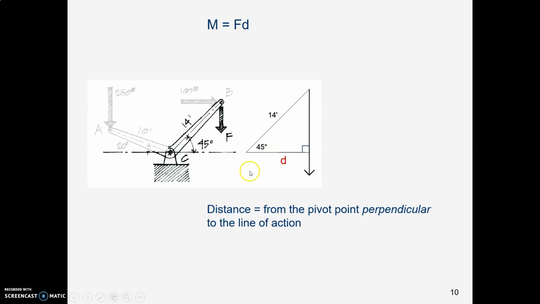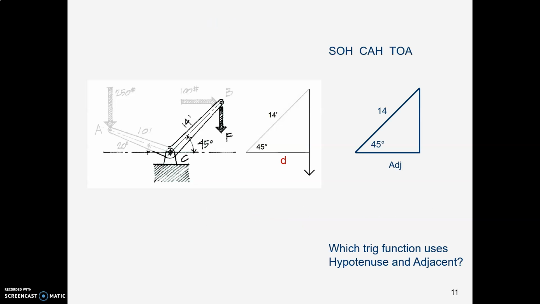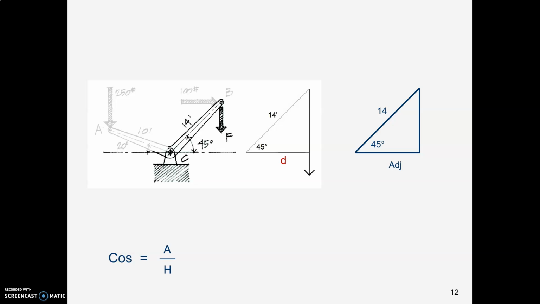So our distance will be along the horizontal base of this triangle, in other words, adjacent to the 45-degree angle. So again, adjacent and hypotenuse, we're going for cosine. Seems to be our theme here. And we're looking for adjacent, so we'll multiply both sides by h to rearrange the terms. So h is 14 feet. 14 times the cosine of 45 gives us that distance.